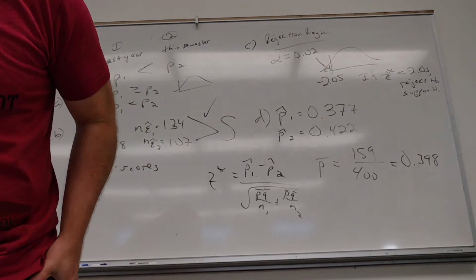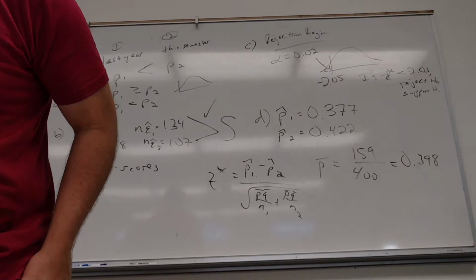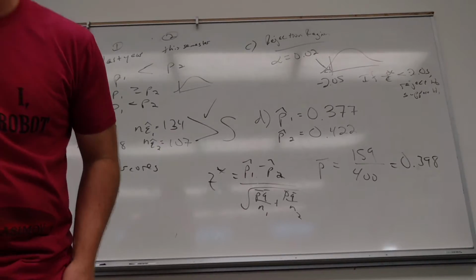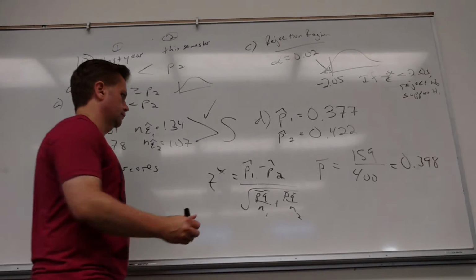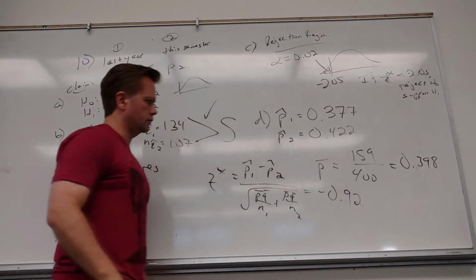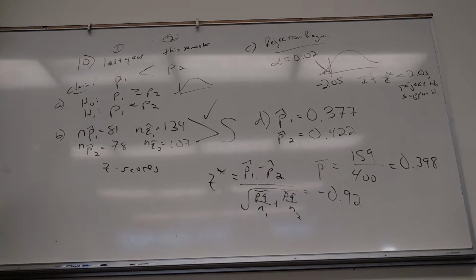So I think you should get negative 0.92, just to let you know, or something close to that.